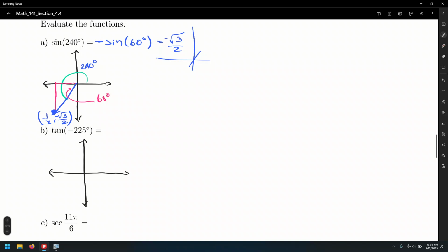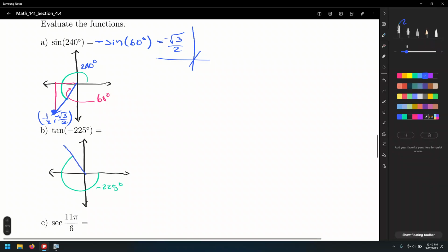We're going to go from zero, and since it's a negative angle, we're going to go in the clockwise direction. Now, 180 plus what value equals 225? Is that 45 degrees, I believe? Okay, so I'm going to go negative 180 plus 45 to reach negative 225 degrees.